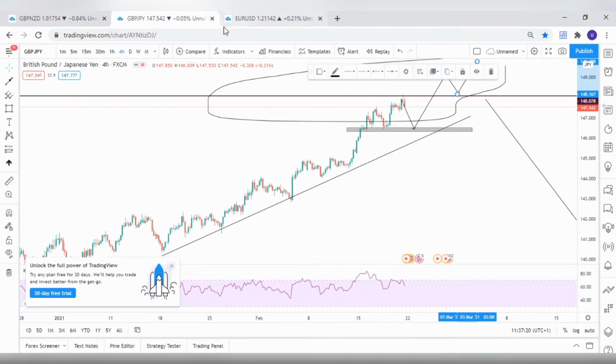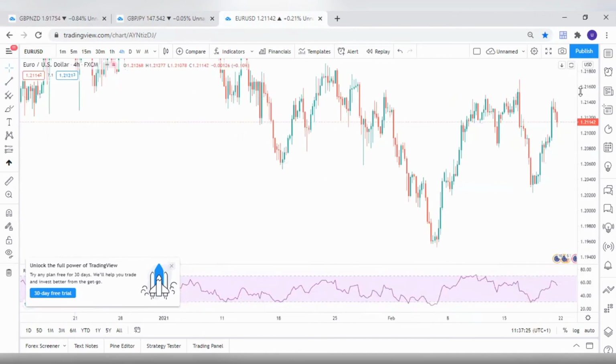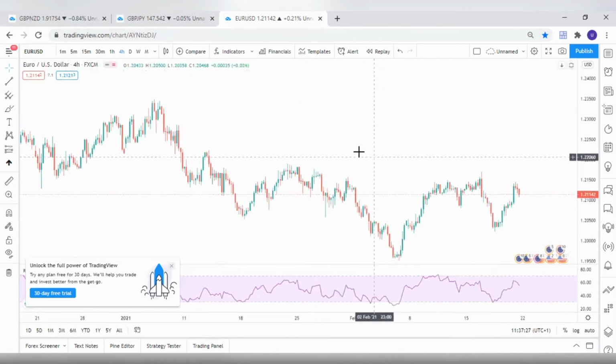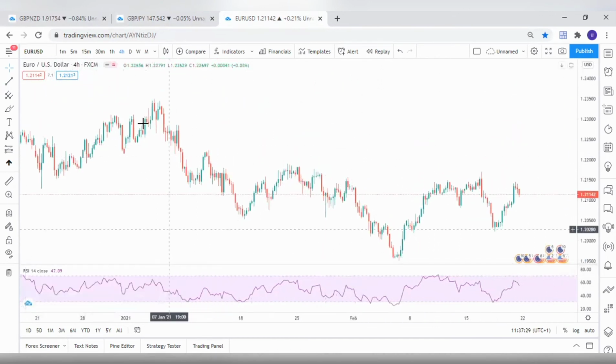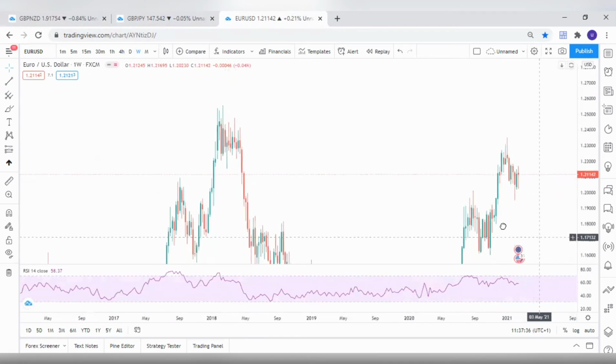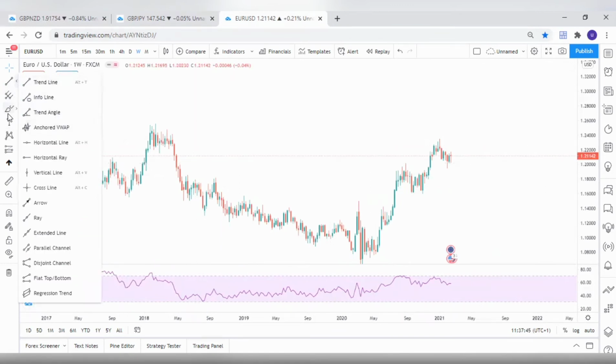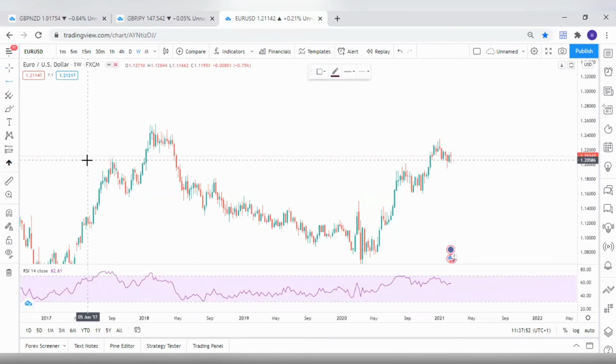Now for the EUR/USD chart, which is currently on the 4 hours time frame. But what we do in top to bottom analysis is that we first of all go to the higher time frame to identify the main structure. So this is the weekly time frame. As you can see, there has been a resistance line somewhere here.